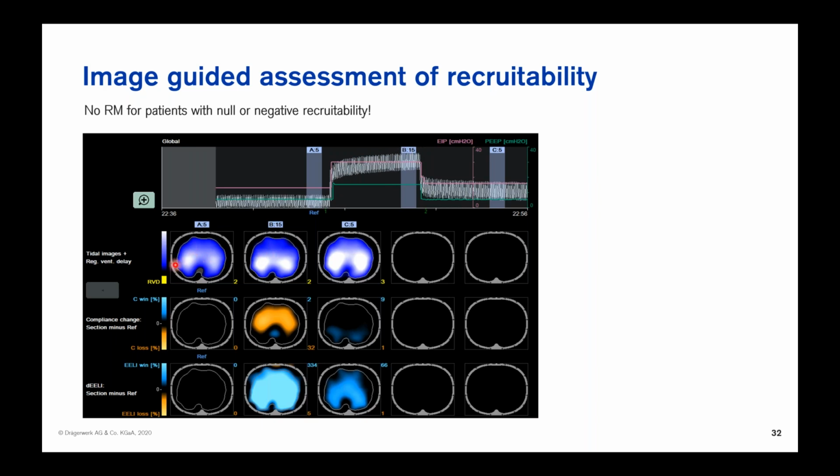But as to be expected, because the lung was already fully opened, we mainly see a reduction of lung compliance in the ventral part. And so there's not really any kind of benefit that we can see from the elevation of PEEP. So this is a patient who certainly does not require a PEEP titration or a recruitment maneuver.